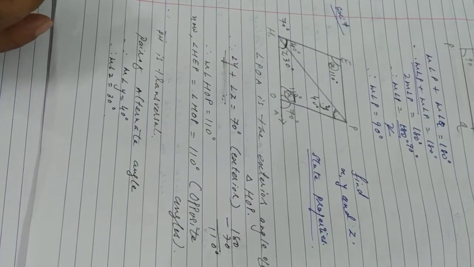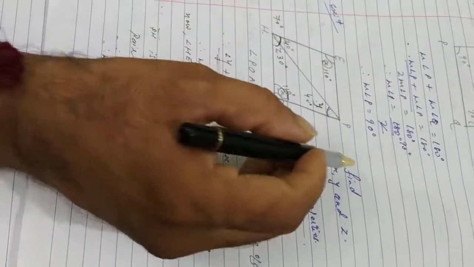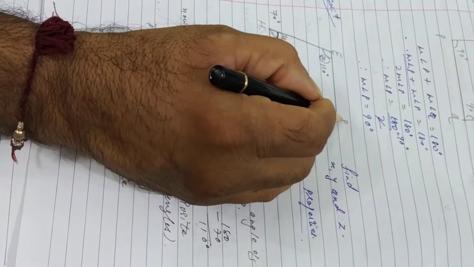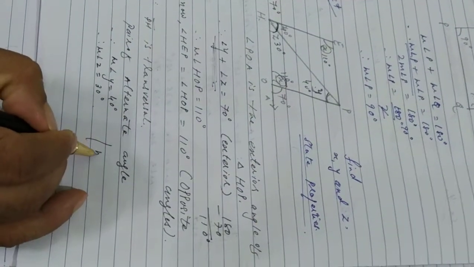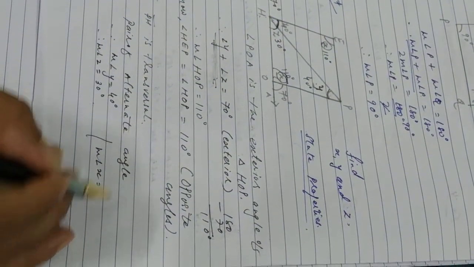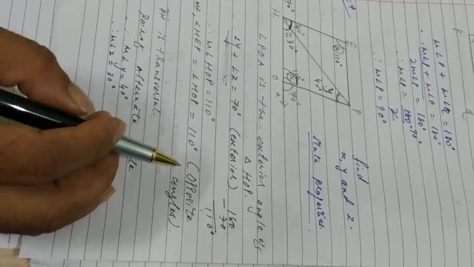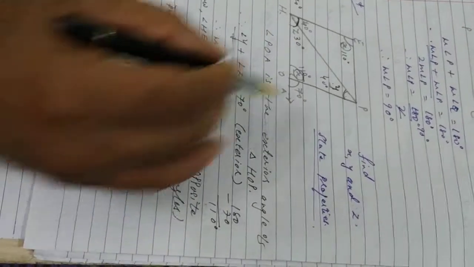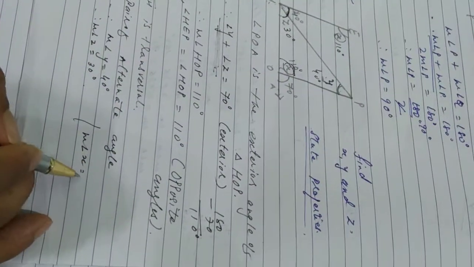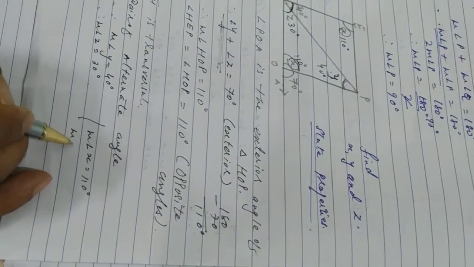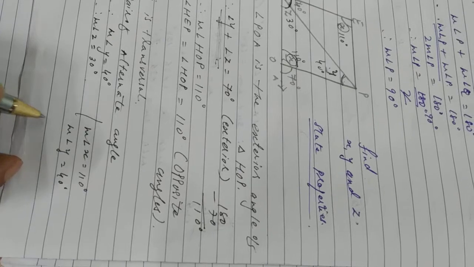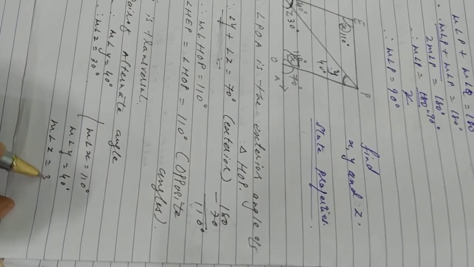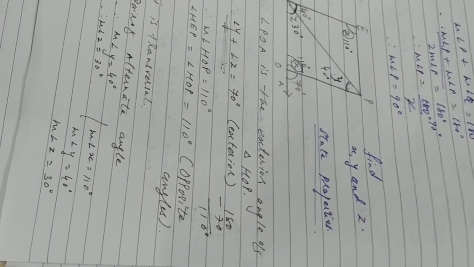So the measurement we get for P is also 70 degree, but here it is not asked. So measure angle X is equal to 110 degree. Measure angle Y is equal to 40 degree. And measure angle Z is equal to 30 degree.